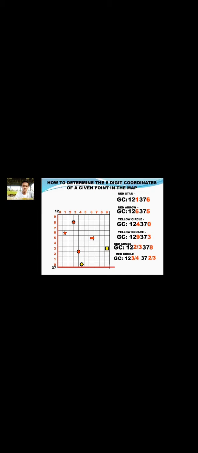So it is really in the middle, clearly between 3/4 and 2/3. So that is how to determine the 6-digit coordinates of a given point in the map.